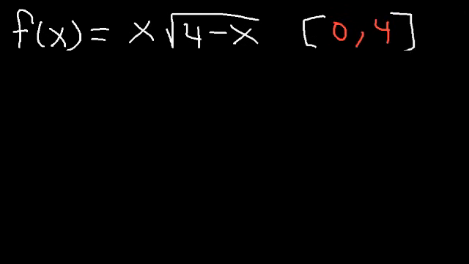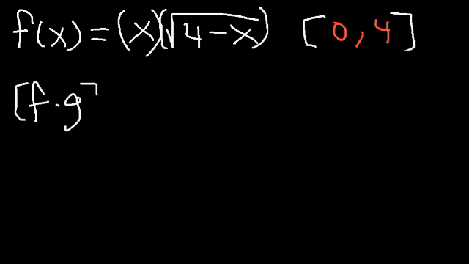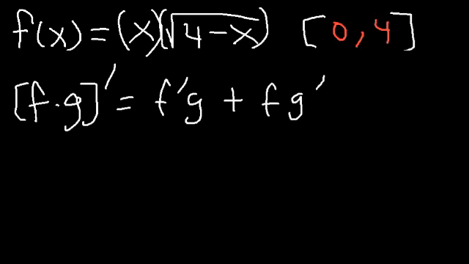Now let's find the first derivative. To do so, we need to use the product rule. If you differentiate f times g, it's going to be f prime g plus f g prime.